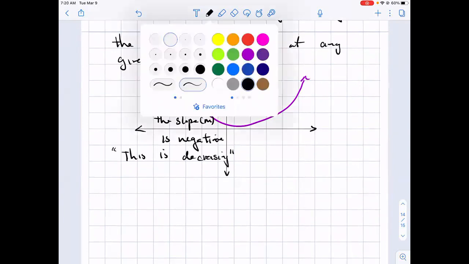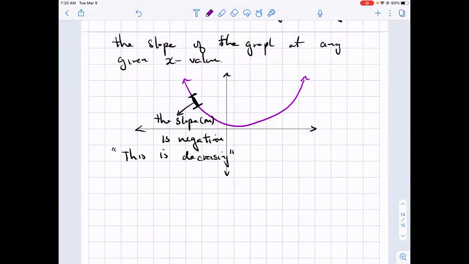On the other hand, if we look at the slope, let's say here, that piece here, the slope m is positive. This is increasing. So that's how we basically tell if it's increasing or decreasing.